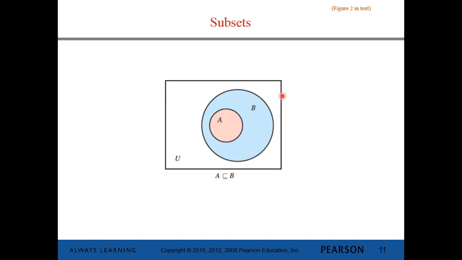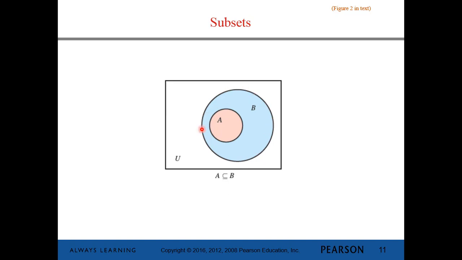Now, how do we represent subsets? This is what we call a Venn diagram, or an Euler diagram. Venn diagrams are a good way of representing sets of objects. U is the universe, the set of all objects that are under consideration. The universe will be defined.